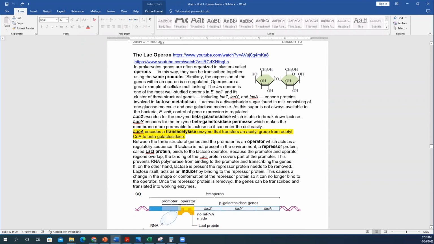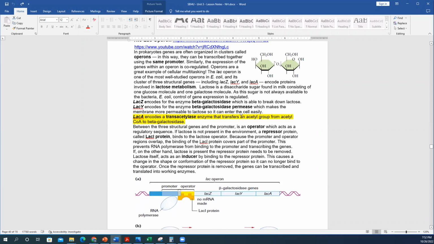So this kind of an operon, the lac operon being a good example, is one way where they can transcribe and translate everything together, and they're all under the control of a single promoter and an operator region here.